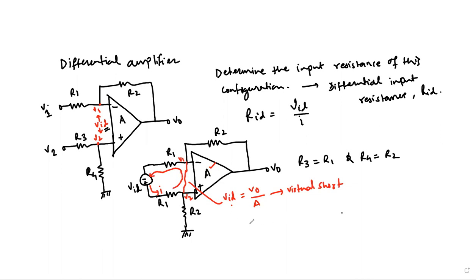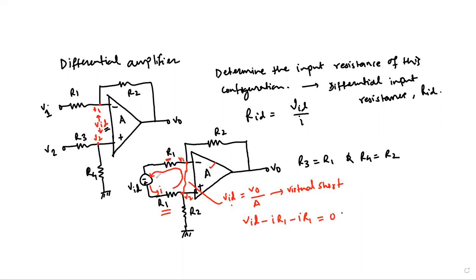We can simply write the loop equation, which is VID minus I times R1, that is the drop across this resistor. Of course, the voltage at this node and the voltage at this node is 0. There is a short here, and the current is flowing through this loop. We have to determine this voltage, so minus I R1 is the drop across this resistor, which equals 0.